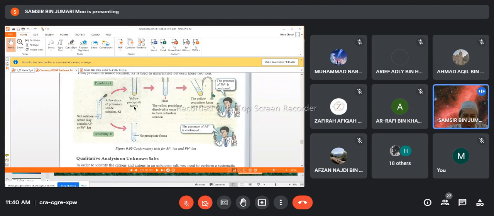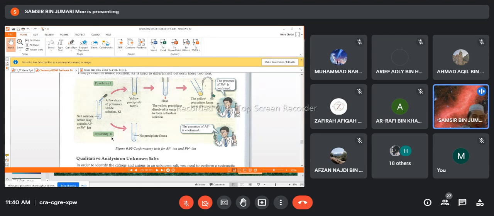Okay, faham situ. Kalau dia tidak ada membentuk apa-apa, maknanya tak ada yellow precipitate kat situ, makna tak ada lead 2 iodide. Kalau lead 2 iodide dia tak ada, maknanya lead 2 ion is not present in the test tube or in the salt solution dia. Faham ini yang kita gunakan satu cara.